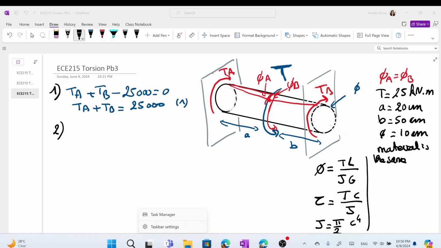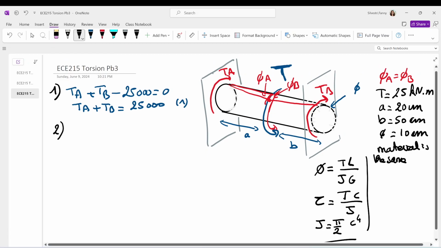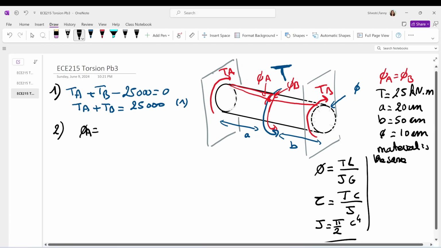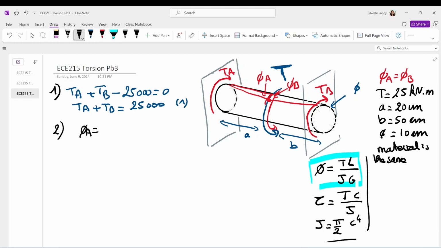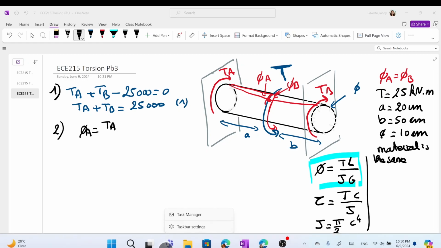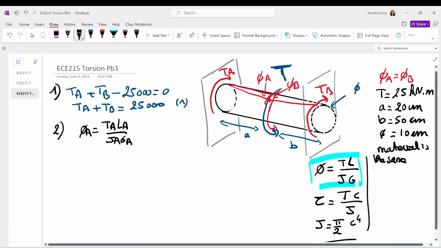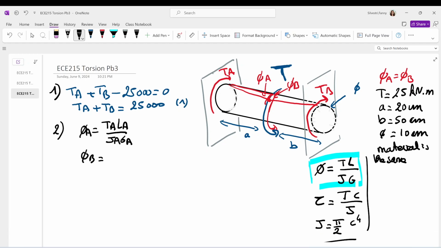For equation number 2, first we will write phi A in terms of TA using this equation there. Phi A equals TA times LA divided by GA JA, and phi B equals TB LB divided by GB JB. We have those two equations.